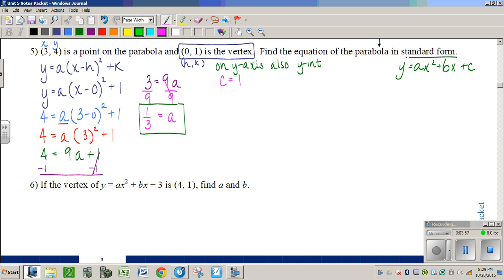Now, if my vertex happens to sit on the y-axis, that also means that my axis of symmetry is 0. And if you remember when we talked in class, the x value of your vertex, which in this case is 0, gives you the equation for the axis of symmetry.